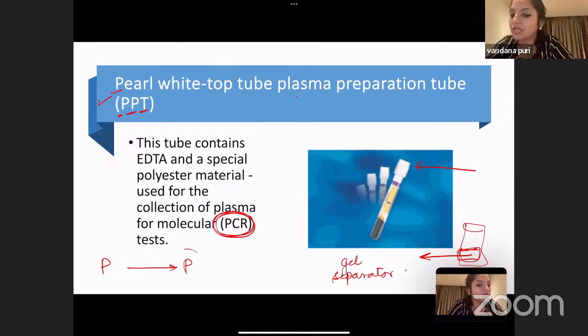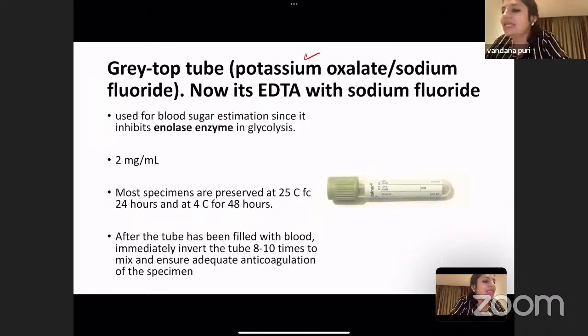So this is used for tests with P only. That is why it is used for PCR testing. For PCR also we use an EDTA vacutainer only, but the uniqueness is we use it in a pearly white top. It has a gel separator, so it's a plasma preparation tube. This is for PCR. It's also EDTA.